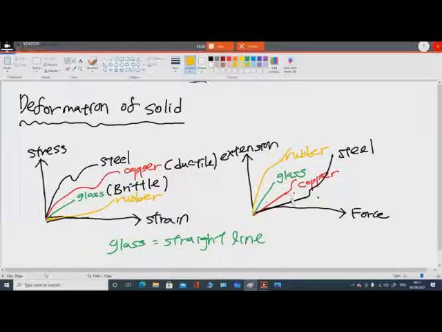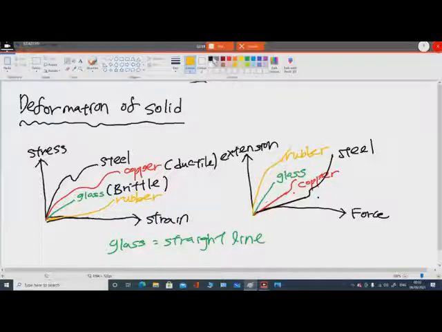Steel has the maximum force which can be extended. As for glass, it only has a proportional limit. As for copper, the maximum force is less than that of steel. So these are the two graphs which we need to memorize.